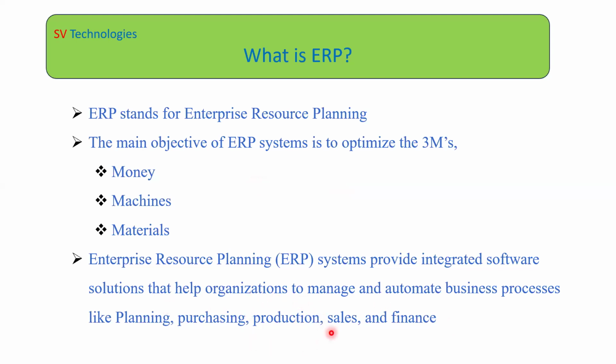Other than that, planning, purchasing, sales, and finance will be there. These departments or business units depend on the industry. That is the reason we use an ERP system, for optimum utilization of money, machines, and materials in the organization.